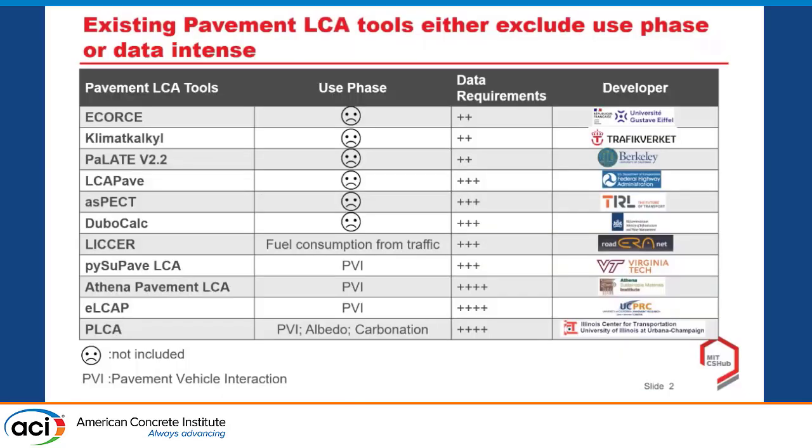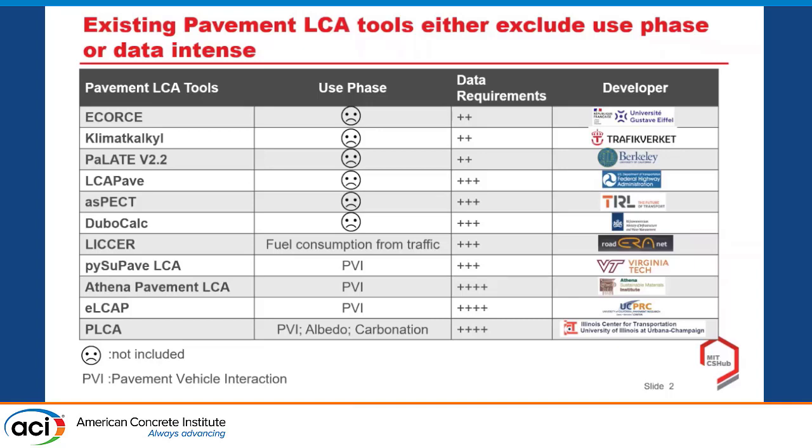For this, we started by evaluating the existing pavement LCA tools and methodologies developed in the past decade. We were excited to see that a lot of tools already exist or are under development.